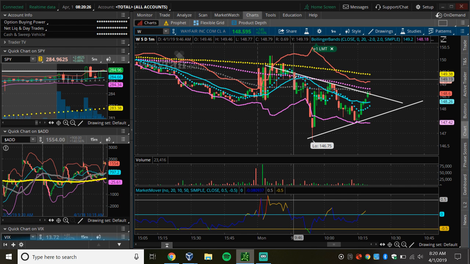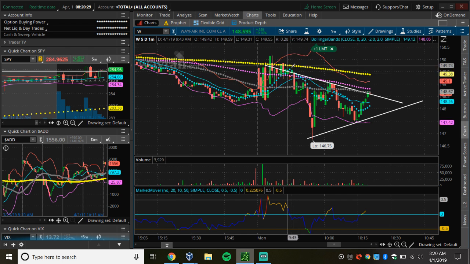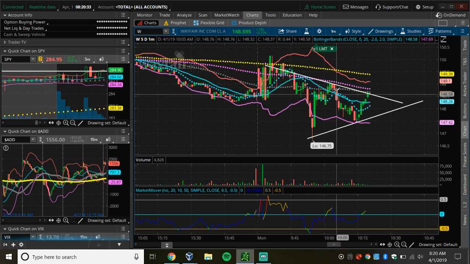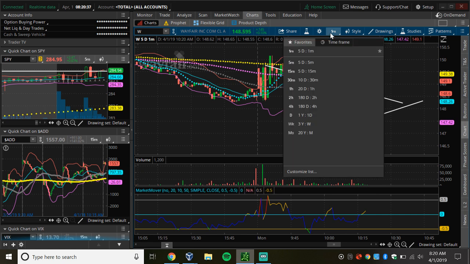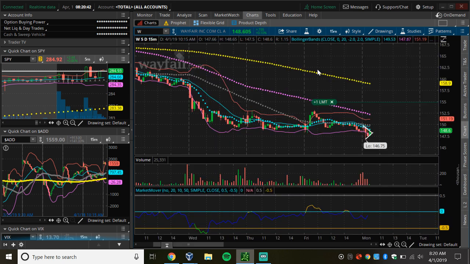So it's made lower highs and higher lows, meaning that the stock really has no direction. So this is possibly breaking out to any direction. It's just hard to know.